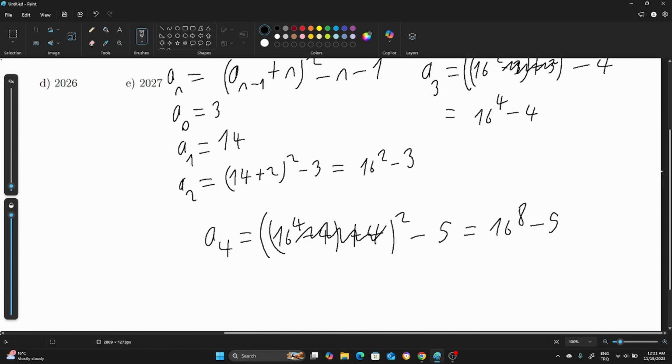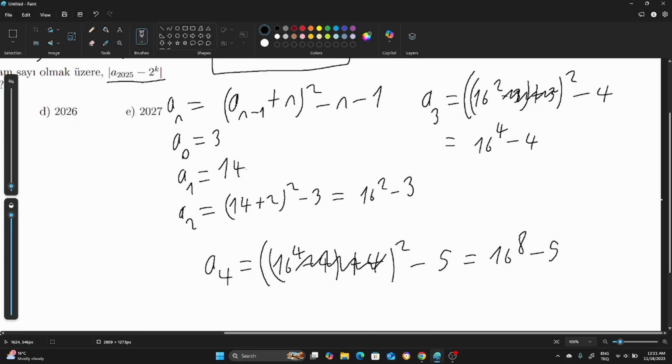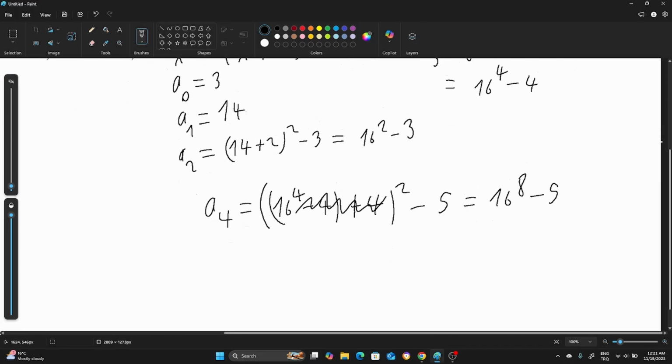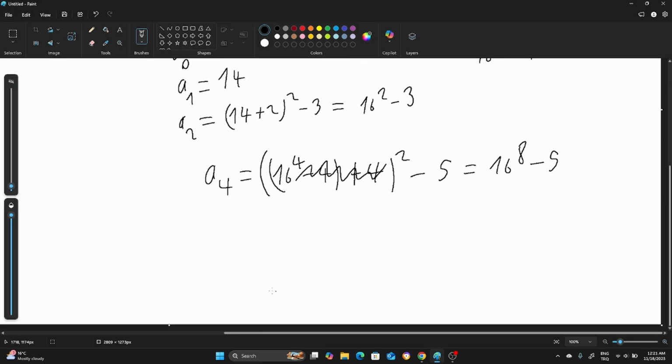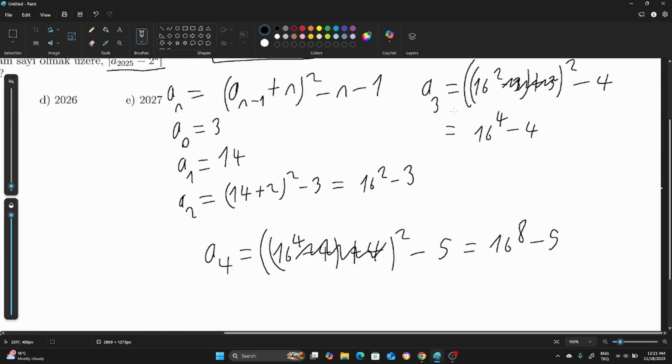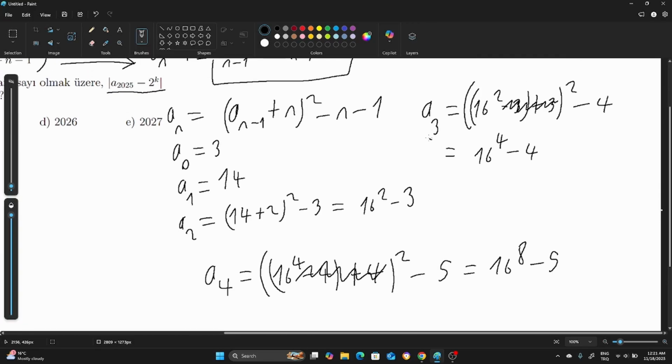So when you continue it like this, these values are gonna cancel each other out, and that's how we solve this problem. So when we realize that these values cancel out, we can actually find a general formula. For a3 we have 16 to the 4th power.